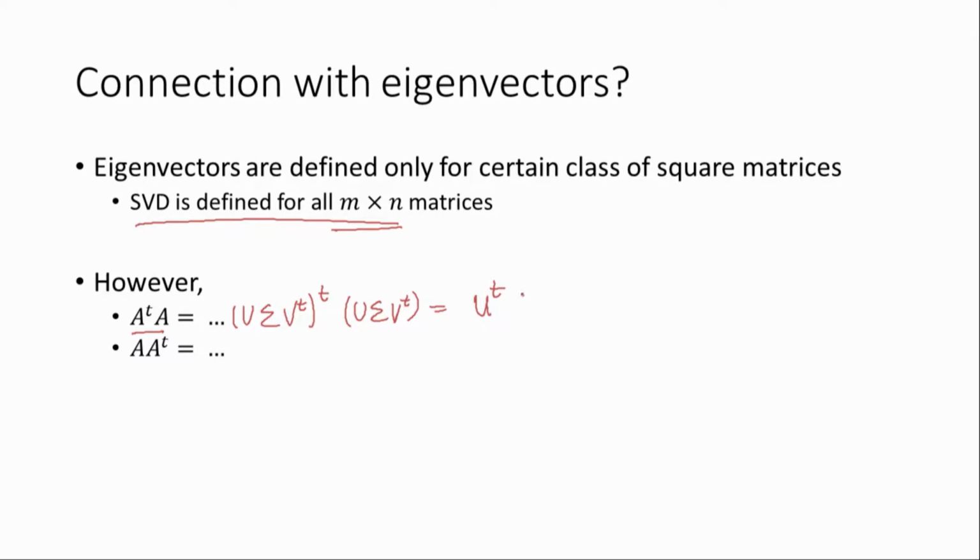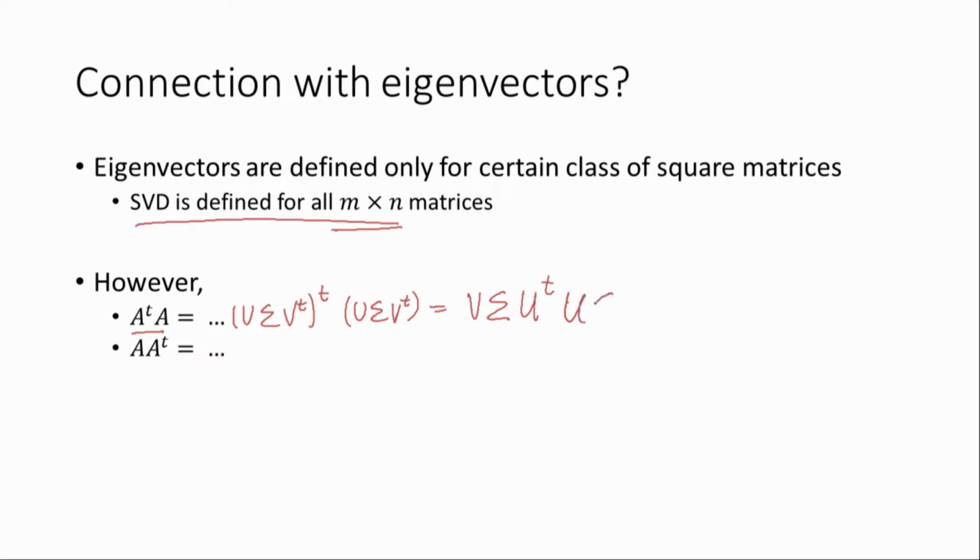U transpose? Not U transpose. Sigma transpose? Is there any necessity of writing a transpose here? Sigma is a diagonal matrix. So what do we know about U?